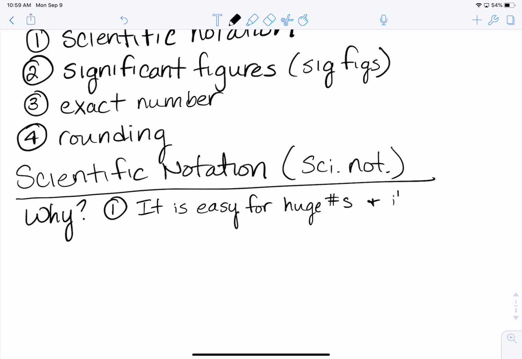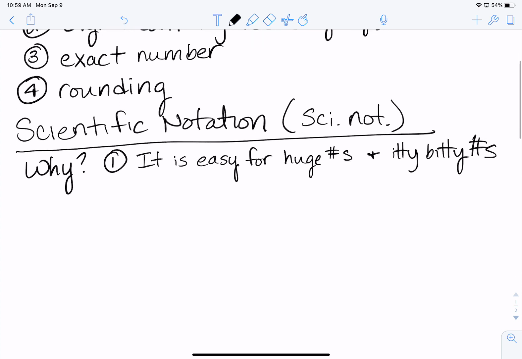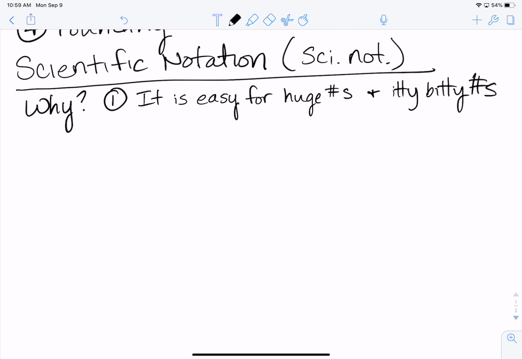I call them itty-bitty numbers, like decimals. The second reason why we do scientific notation is to communicate sig figs. And when you learn about sig figs, you'll better understand what I mean by that.